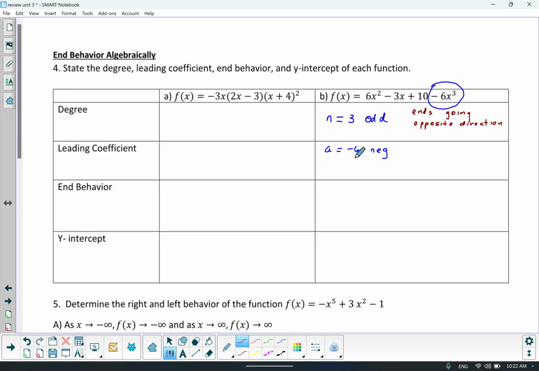Because a is a negative value, we know that the right side is going to point to the negative direction. So the function is going to look something like this.